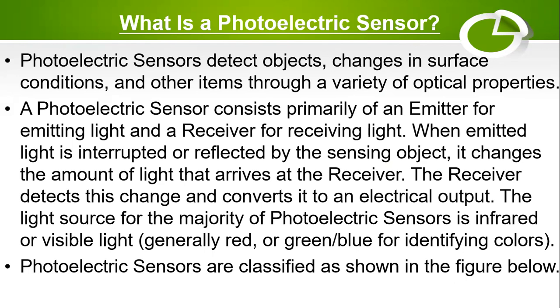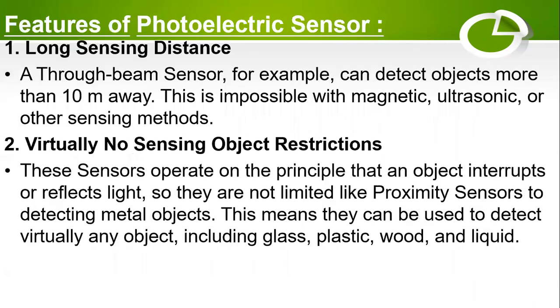The light source for the majority of photoelectric sensors is infrared or visible light, which is generally LED, red or green or blue for identifying colors. Photoelectric sensors are classified as shown in the figure below.